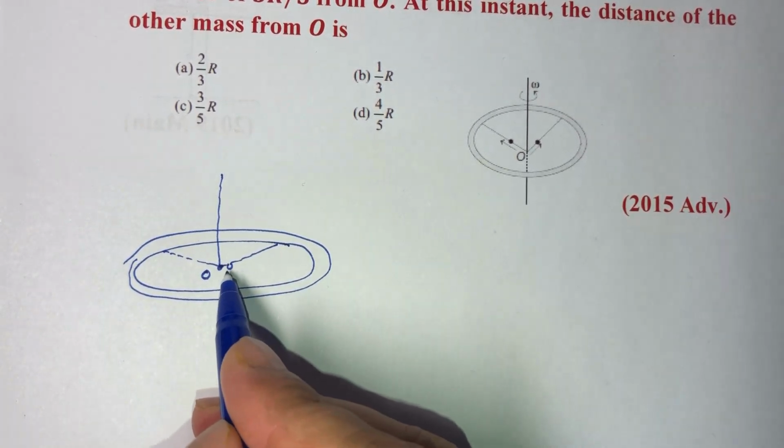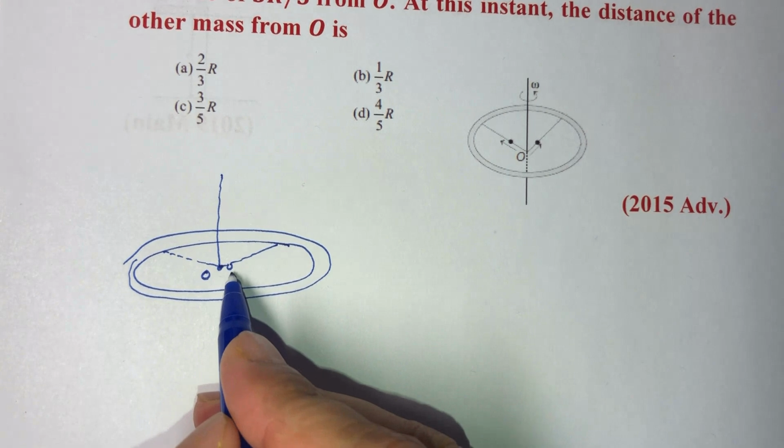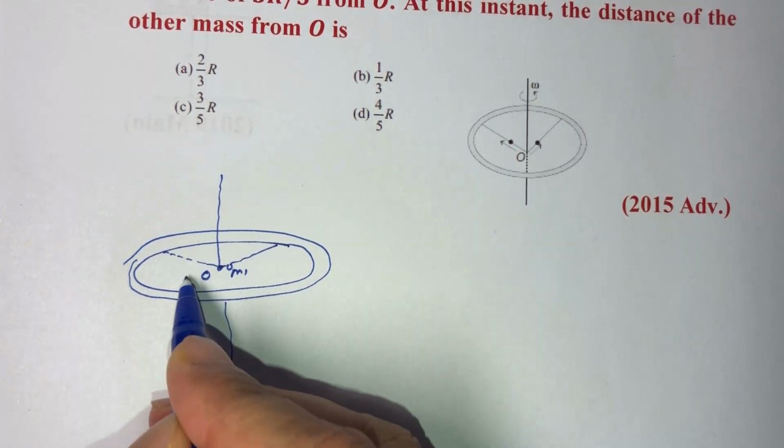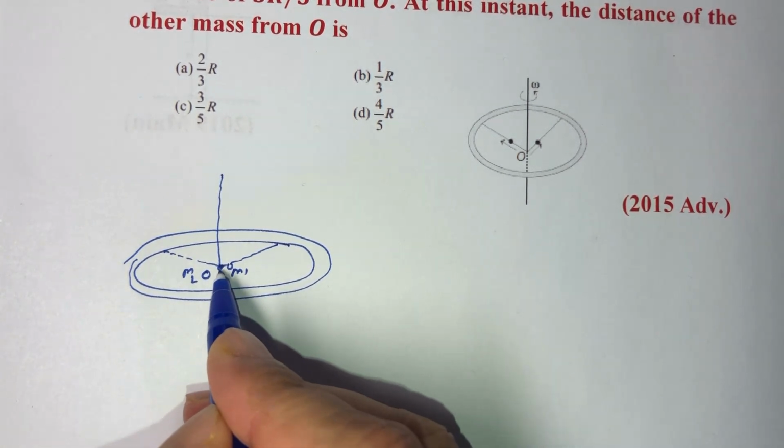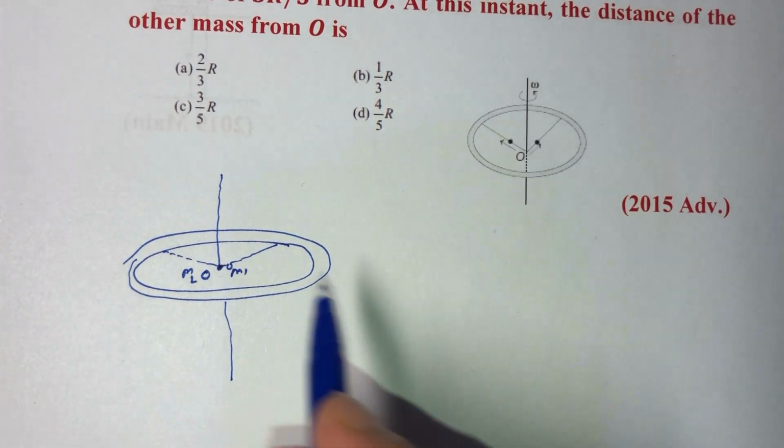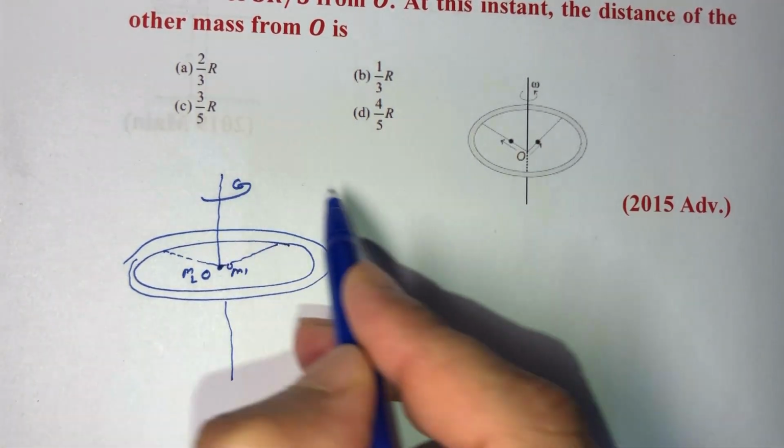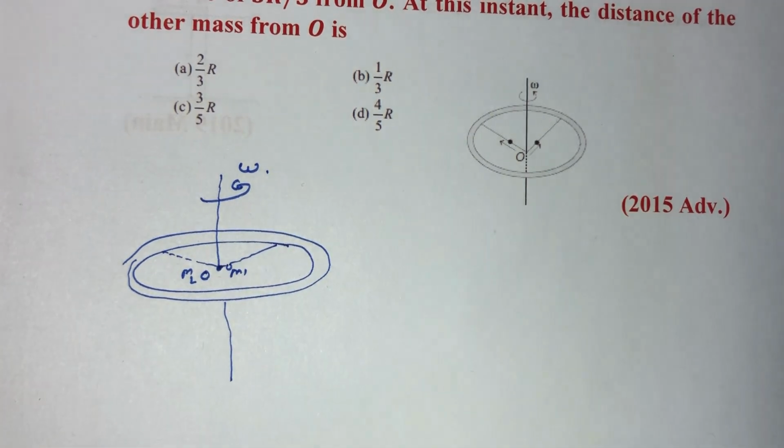Initially the masses, let us suppose, are given as m1 and m2, and both the masses are at the center, and at that particular moment the angular velocity is given as omega.